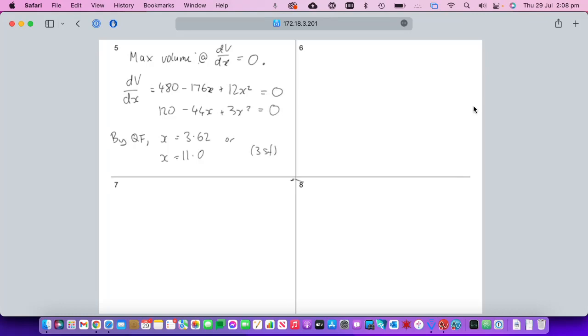It's 11.045. I'll put the whole thing in, because you don't need to round to three significant figures until the last line. It's better not to use significant figures until the very end, so you don't have rounding errors. So 3.62 and 11.045 is the approximate there. Okay, good so far? I've shortcutted, but the quadratic formula and a calculator would give it.